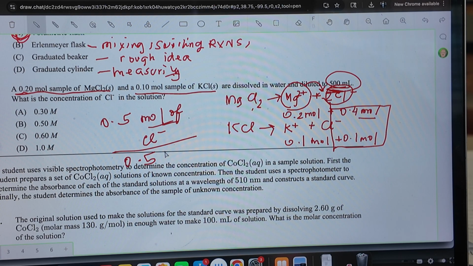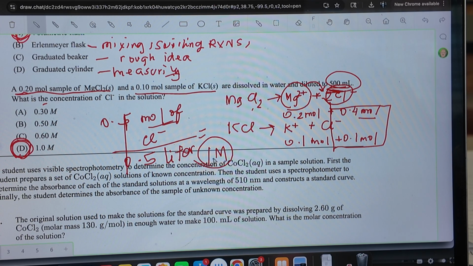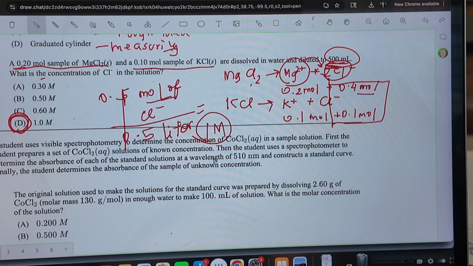So 0.5 liters, because that's how much 500 milliliters is, and that gives us 1 molarity. So the answer would not be B, the answer would be D, because the 0.5 and the 0.5 would cancel out and give you 1. Almost made a mistake there myself. Okay, question number 6.